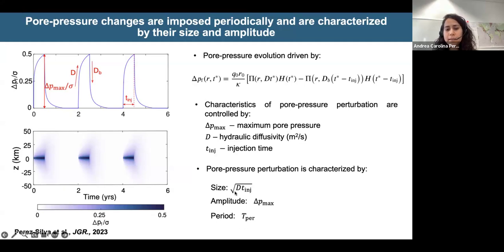So the size of the perturbation is given by this diffusion length scale, that is the square root of the diffusivity times the injection time. And we have also the maximum pore pressure. So this plot here shows the evolution of pore pressure along depth for given parameters.